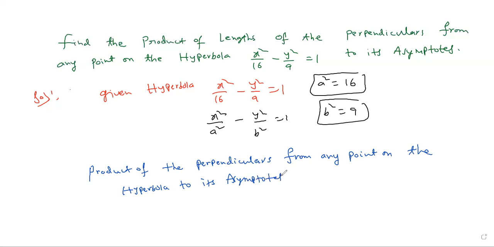Direct formula, a formula you must remember, is a square b square by a square plus b square. We have a square as 16, b square as 9. 16 into 9 by 16 plus 9, which is 144 by 25. All these questions are maximum important models. Practice well.